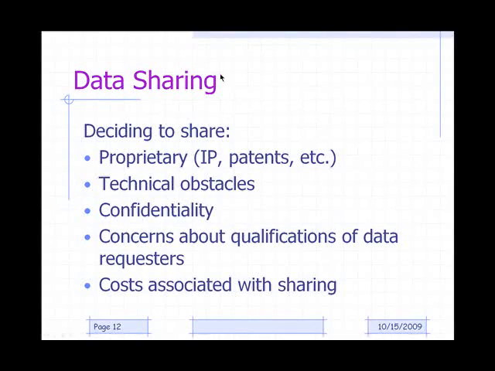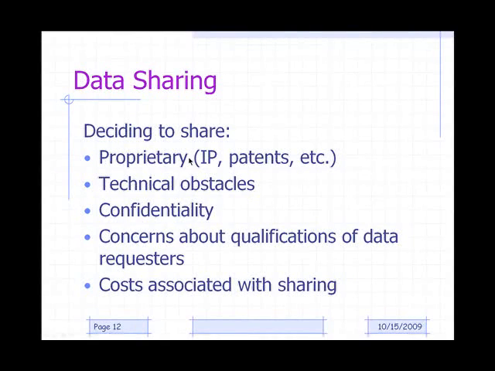Now let's talk about expectations that we share our data, even though we're good stewards of it. And when do we have limitations on exactly how we can share the data, and what are the requirements for how we might have to share the data in ways that we would prefer not to?